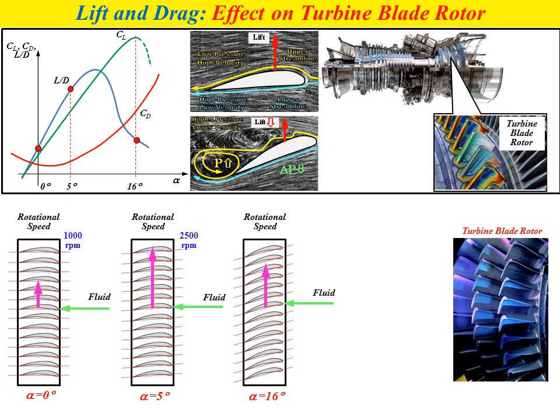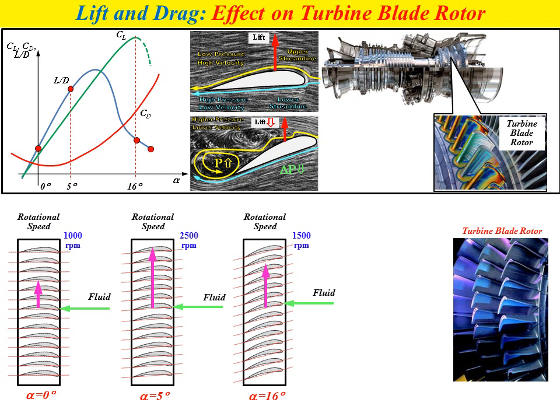Although at this point we have maximum CL value, at the same time we have a higher value of CD, the drag coefficient. So at alpha equal to 16 degree, we will have lower effective lift force and lower rotational speed, let's say at 1500 rpm.